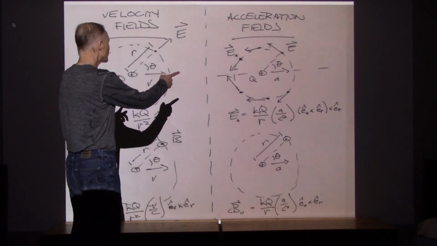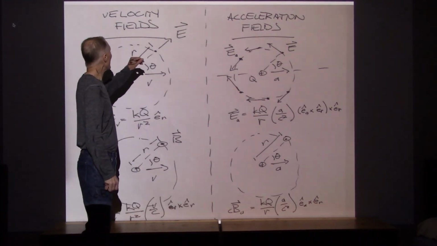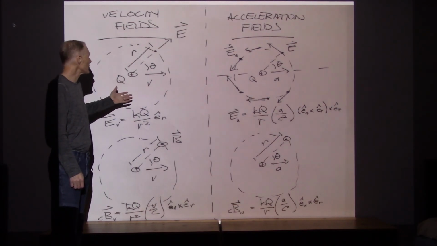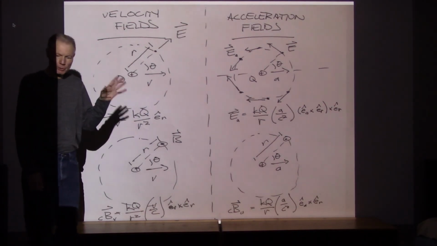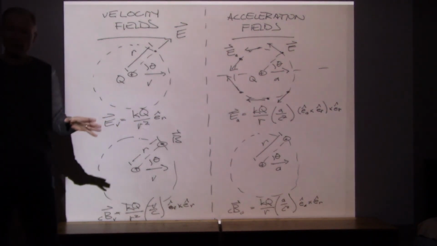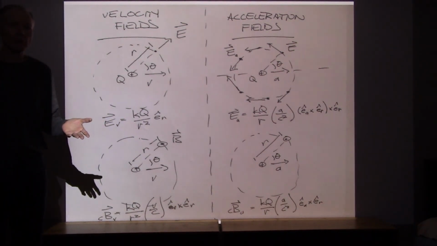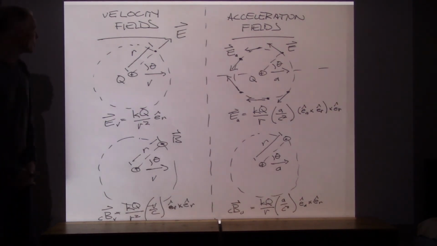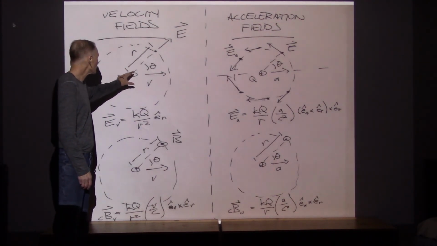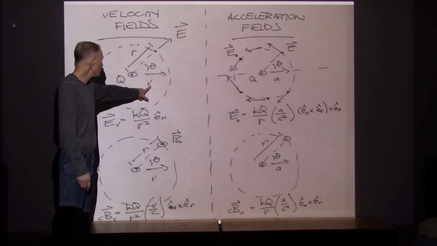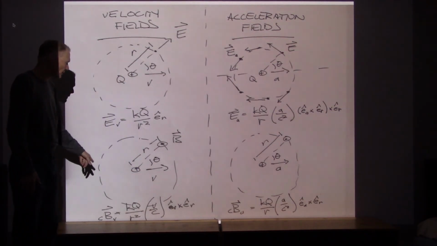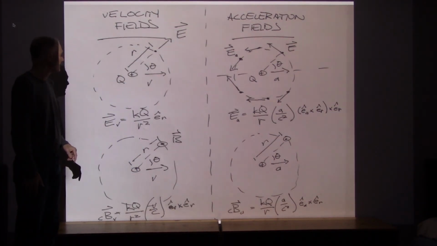Now, we've talked before about charges when they're in motion, when they have a velocity to them. There's a particular set of electric and magnetic fields that are being generated based on the charge, how much charge we have, and how fast they're moving. So at any given instant, we can look at how fast the charge is moving, and we can use those speeds to determine formulas for the electric and magnetic fields.